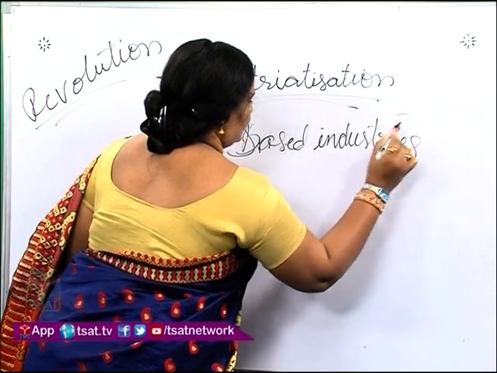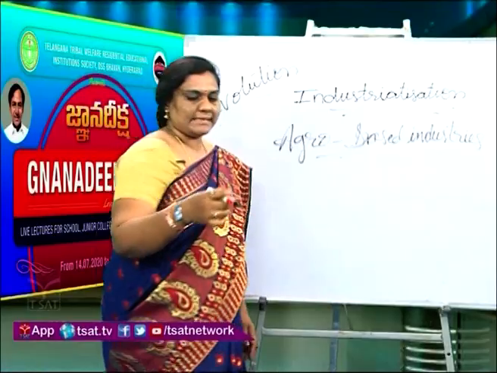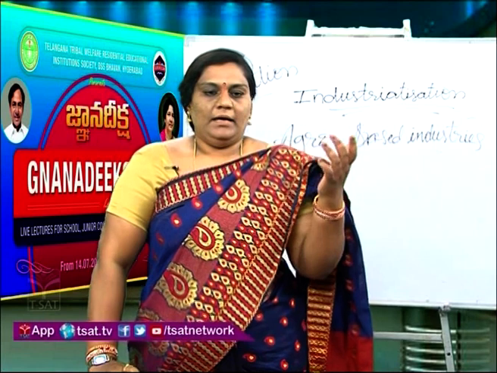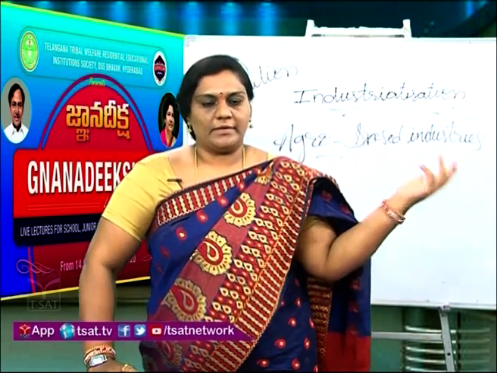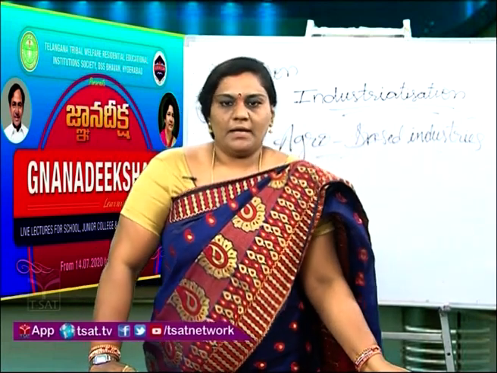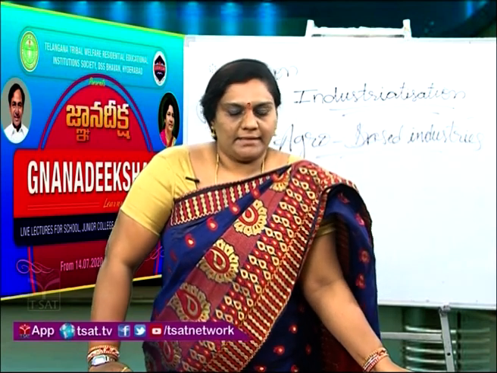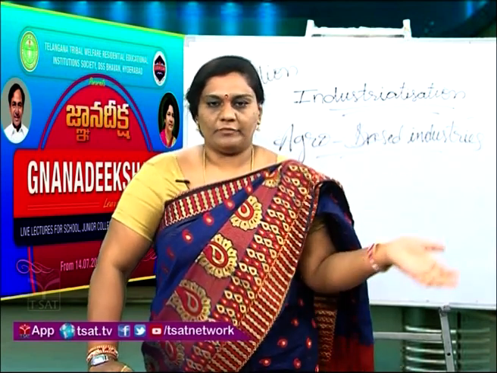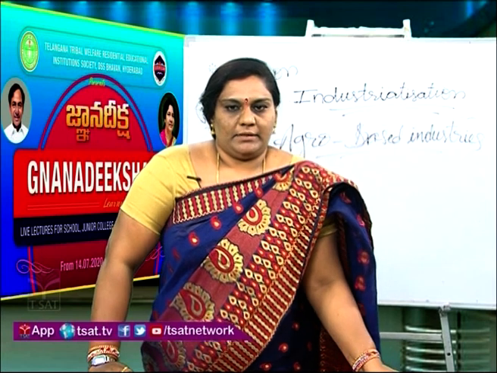For weaving the basket and all, they will be getting the raw materials from the agriculture. Now weaving of saris, exactly, they will be getting the cotton from the agriculture only.